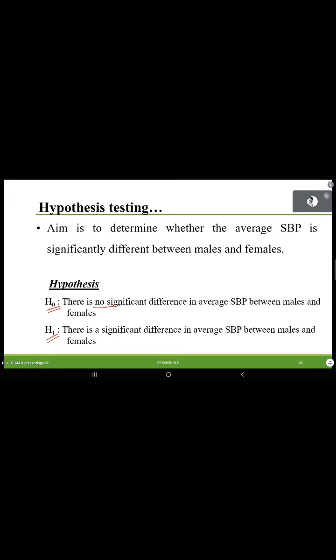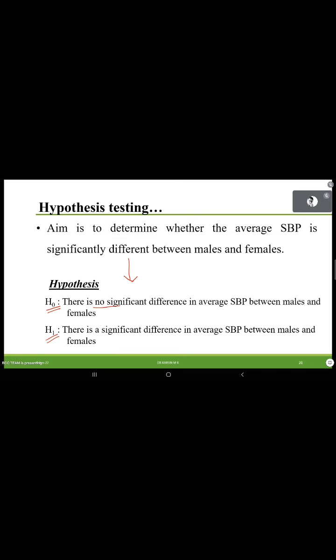The null hypothesis is a negative statement of the same problem: there is no statistically significant difference in the average SPP between males and females. The positive way to state the same: there is a significant difference in the average SPP between males and females. Whenever you have a problem, you should list the hypotheses, H0 the null hypothesis and H1 the alternate hypothesis. Is that clear? I think everyone is very familiar with these things. Fine, no? Yes, sir. Okay.